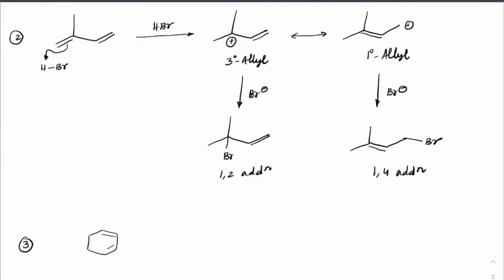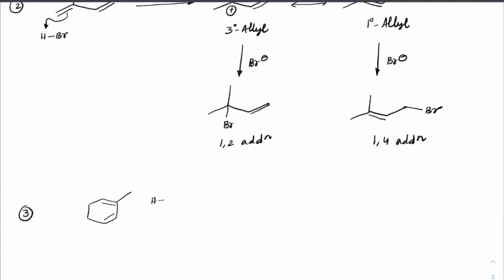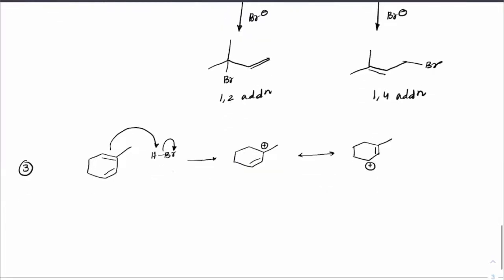Let's imagine I have a double bond here this way. So again HBr addition. The pi bond will attack here, Br will leave, and we will get this as the carbocation formation. The double bond is here. It can give a resonating structure with the double bond here and positive charge here.